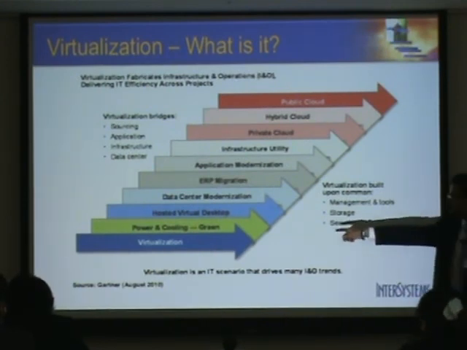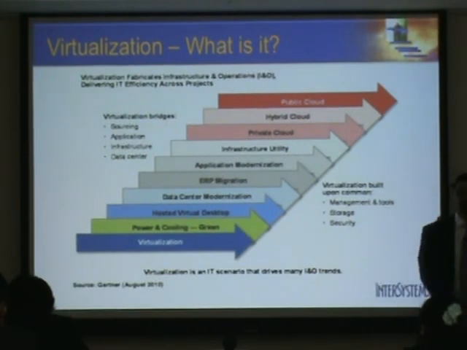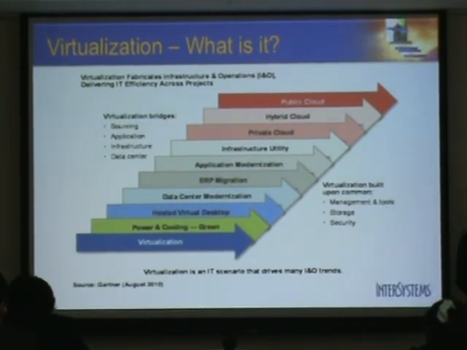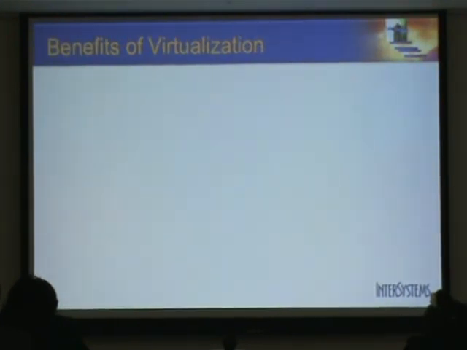Things like power and cooling, green computing. People want to reduce the amount of resources that are used for providing systems. All the way up to cloud computing, which uses virtualization technologies. So it's everywhere. But I personally feel that it's easiest to define what virtualization is by talking about the benefits of virtualization. And then for you to think about what it means to you.